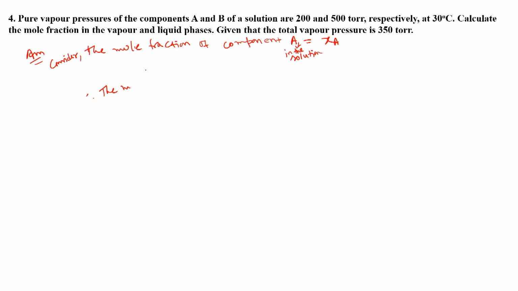Therefore, the mole fraction of component B in the solution is considered XB. XB is 1 minus XA, because total mole fraction is 1. We have a binary system, a 2 component system, right.